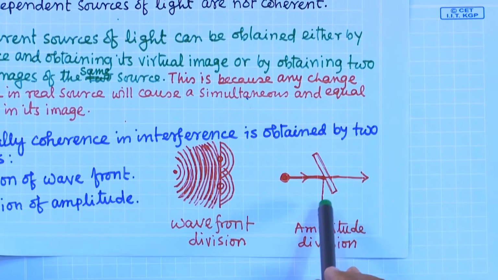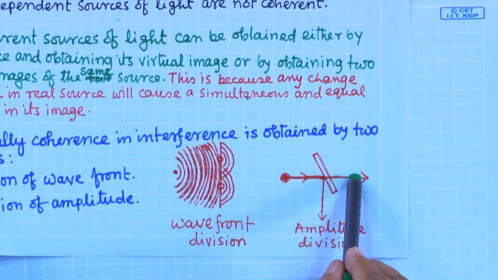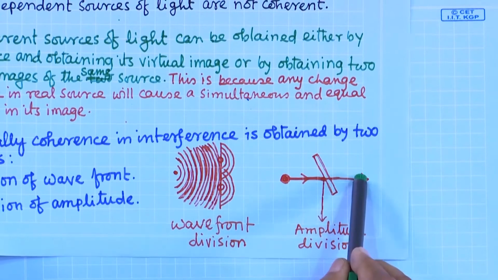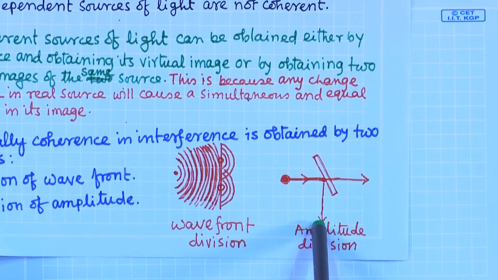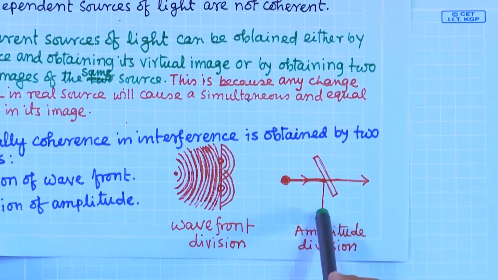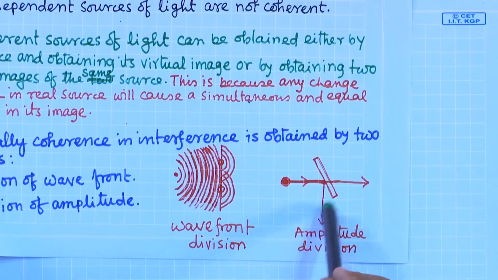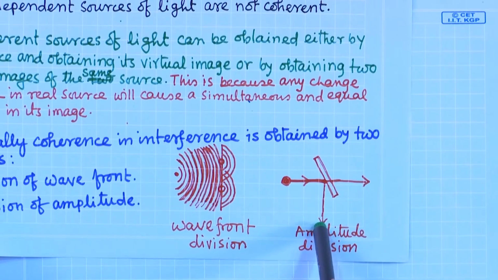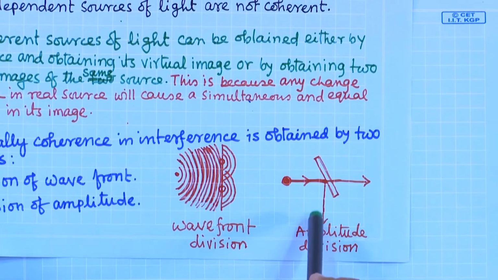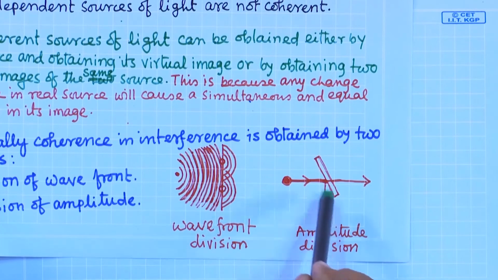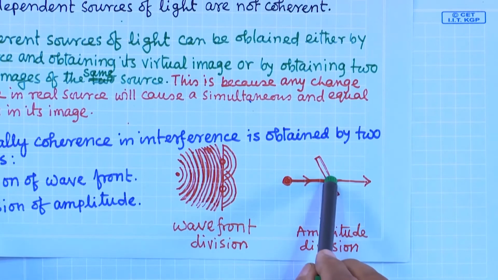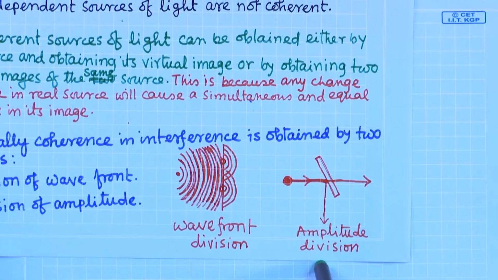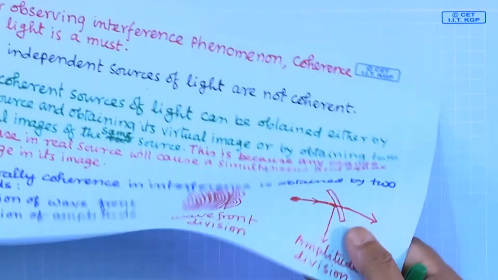So, basically we are generating two parts. So, these two can be used for interference. So, basically we are generating two waves by this method. This method is based on the division of amplitude. Whatever amplitude there is, it is divided into two parts. So, this is called division of amplitude.